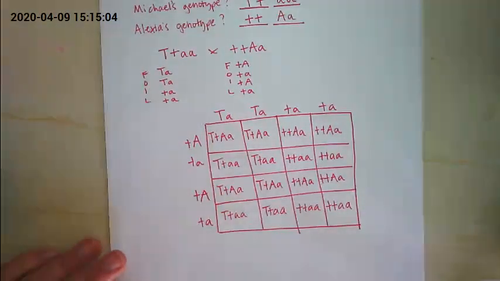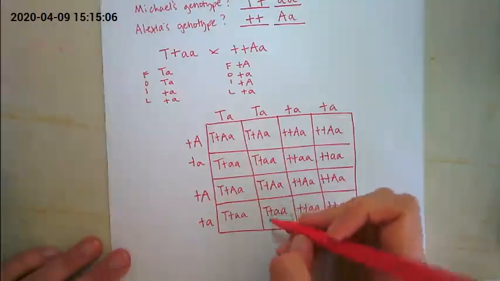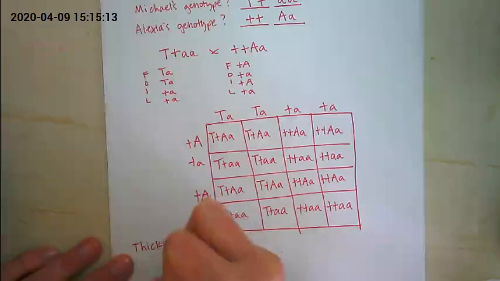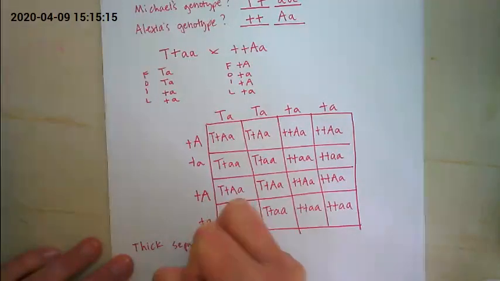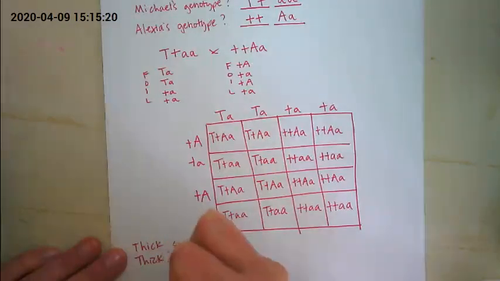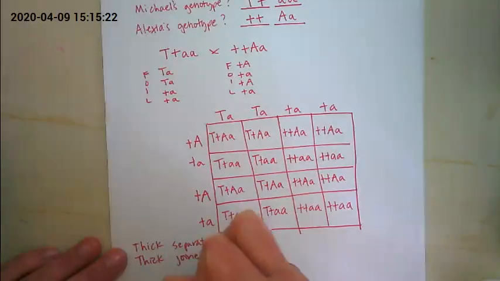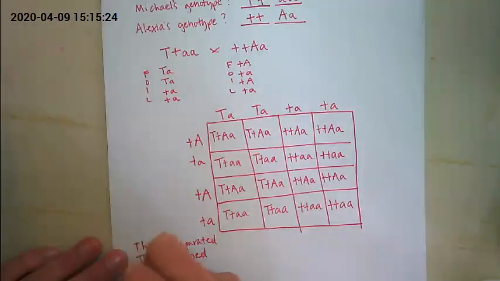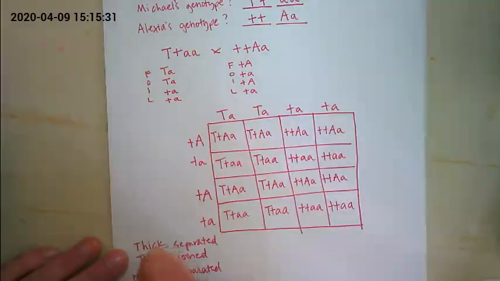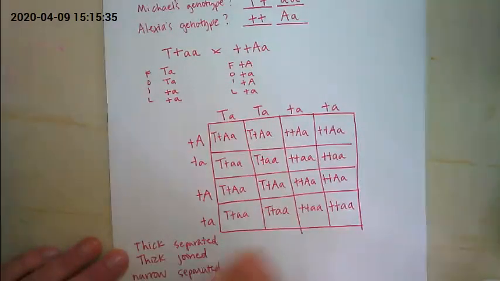Okay, so the different phenotypes that we could have are thick separated, thick joined, narrow separated, and narrow joined.